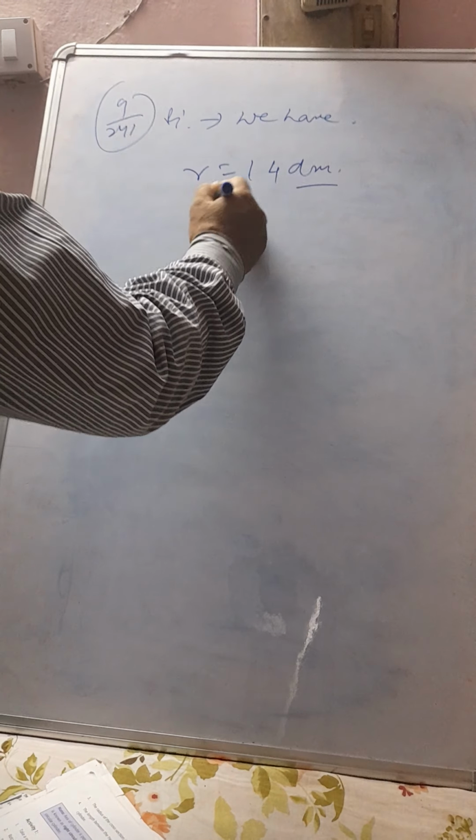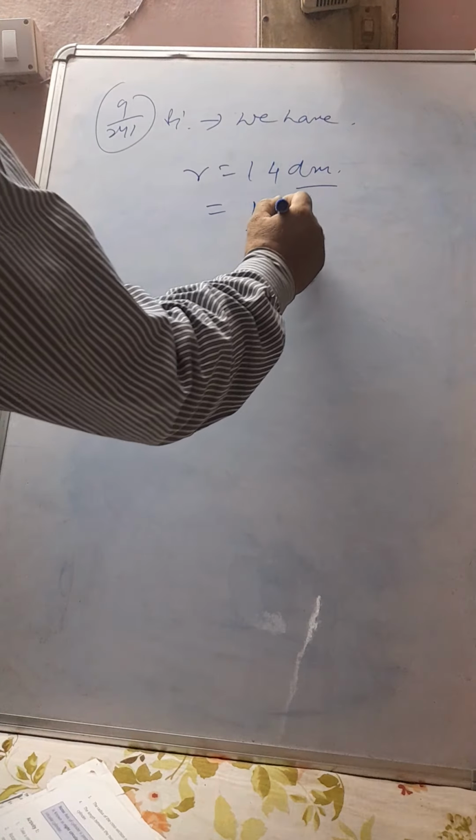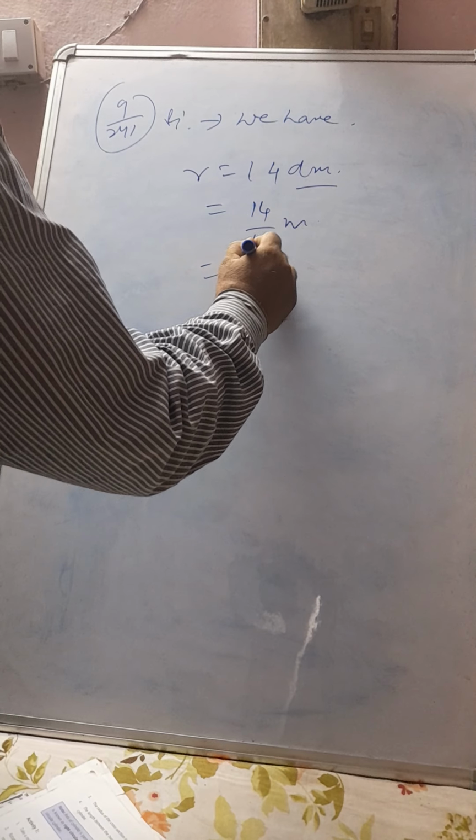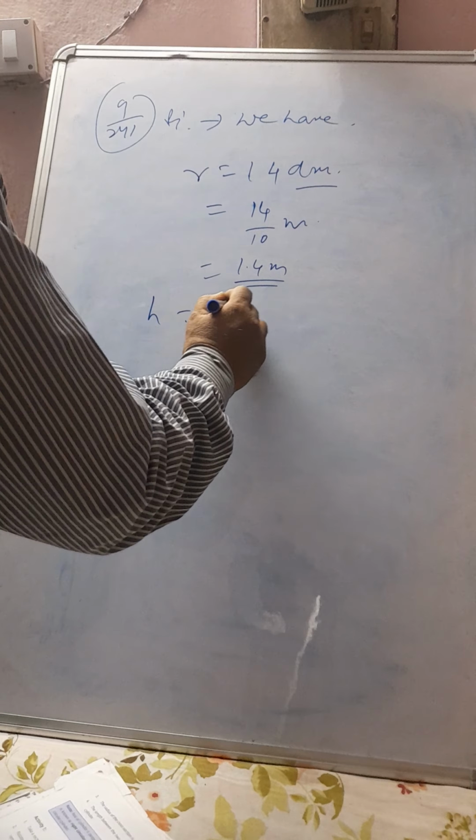This 14 decimeter can be written as 14 by 10 meter, which is equal to 1.4 meter. Radius is equal to 14 decimeter, as given in the question. This will be equal to 14 by 10, that is 1.4 meter. And height h is equal to 15 meter, as given in the question.